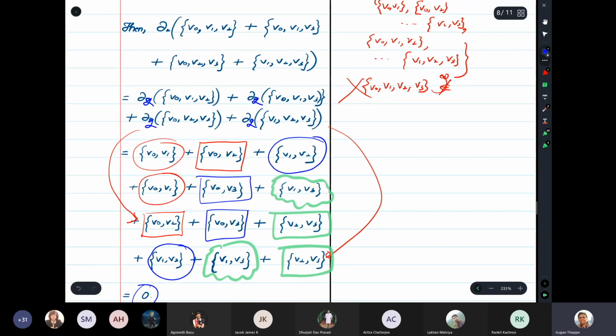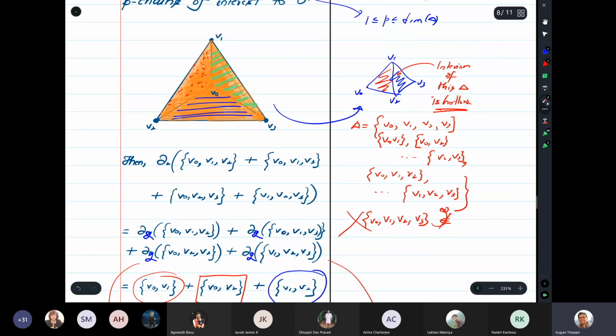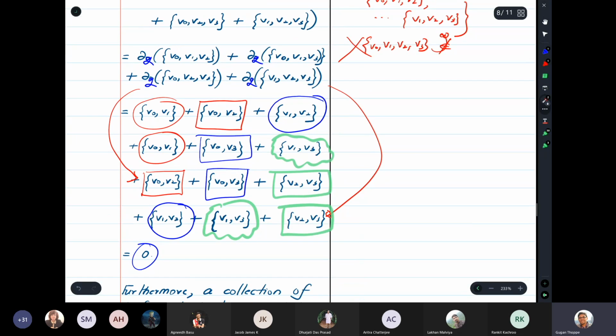In this sense you can see that this ∂2 operator is useful because if you look at these boundary faces that enclose this three-dimensional region and give that as input to ∂2, the output is 0. One of you was asking why we are working with this Z2 vector space.